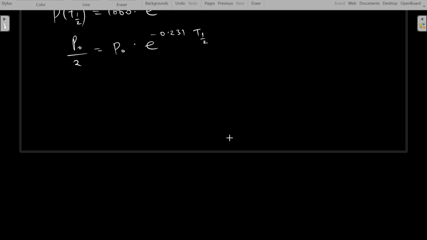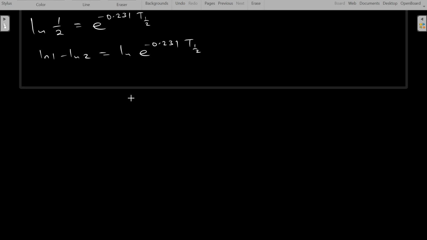From that point, a half equals e raised to negative 0.231 t half. If I take the natural logarithm of both sides, I should get ln of 1 minus ln of 2, which equals ln of e raised to negative 0.231 t half.